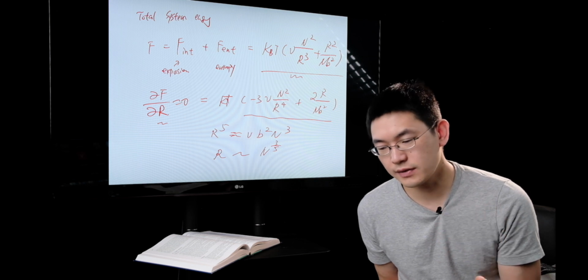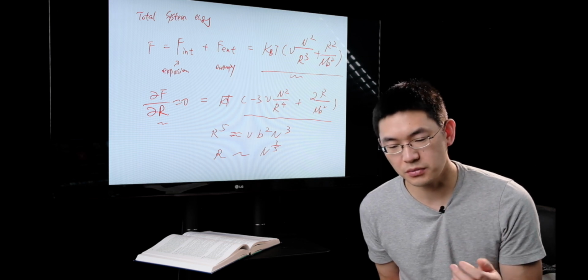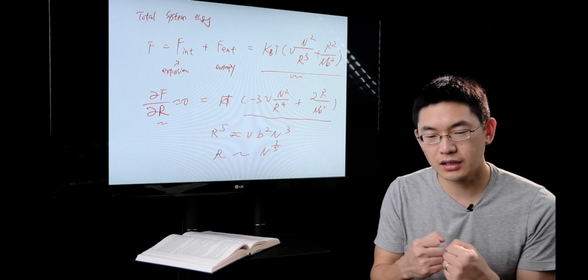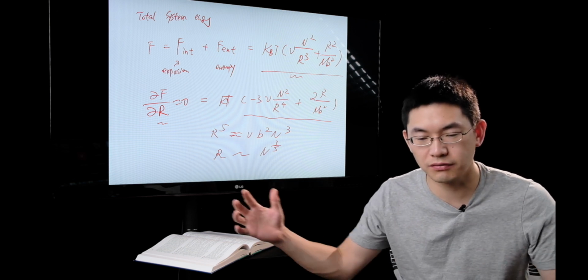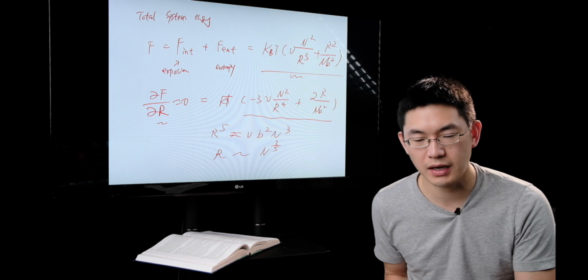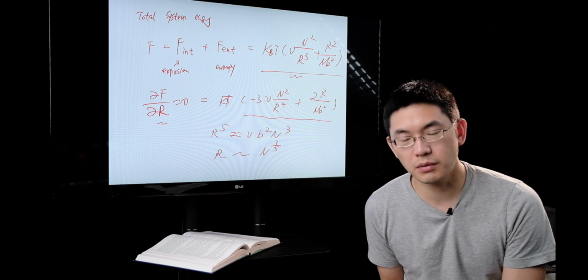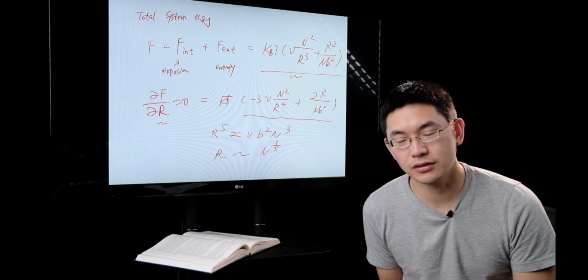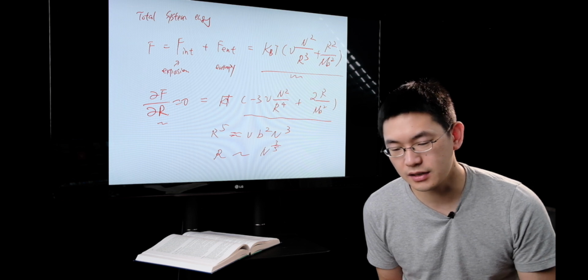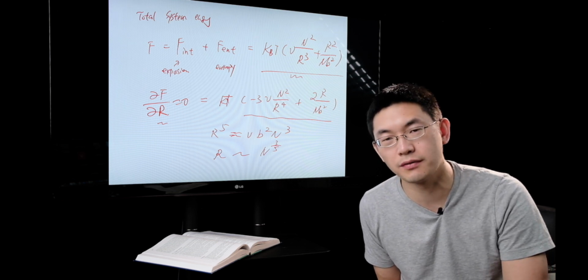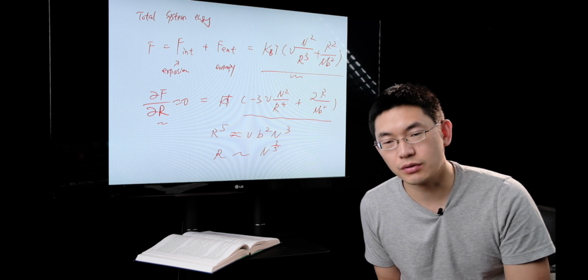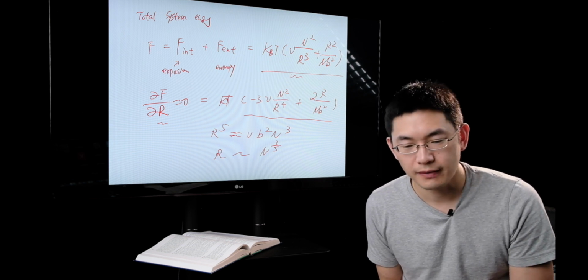And there is also a second term called the entropic spring effect, where you cannot continuously stretch the chain because entropic force is trying to limit it and it comes back. So those two forces balance out at a certain radius, and this radius, as we calculated, will be equal to n to the power of 3/5, or power of 0.6.